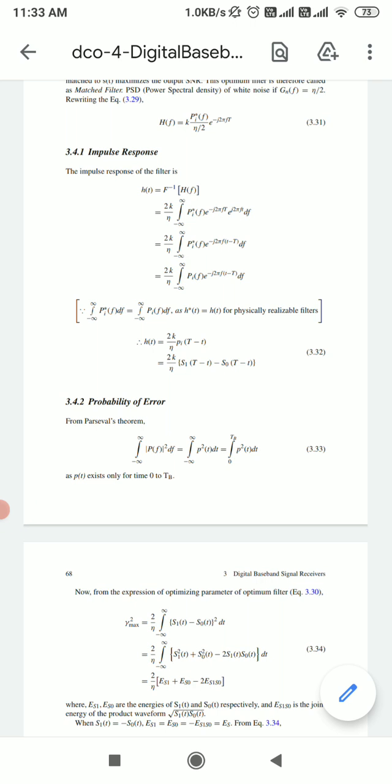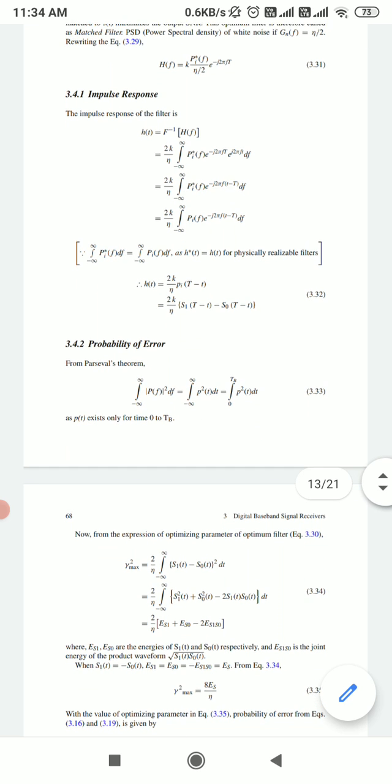Now we can see the probability of error of the matched filter. From Parseval's theorem, the integration from minus infinity to infinity of |P(f)| square df is equal to the integration from minus infinity to infinity of p square(t) dt, equal to the integration from 0 to Tb of p square(t) dt, since p(t) exists only for time 0 to Tb.